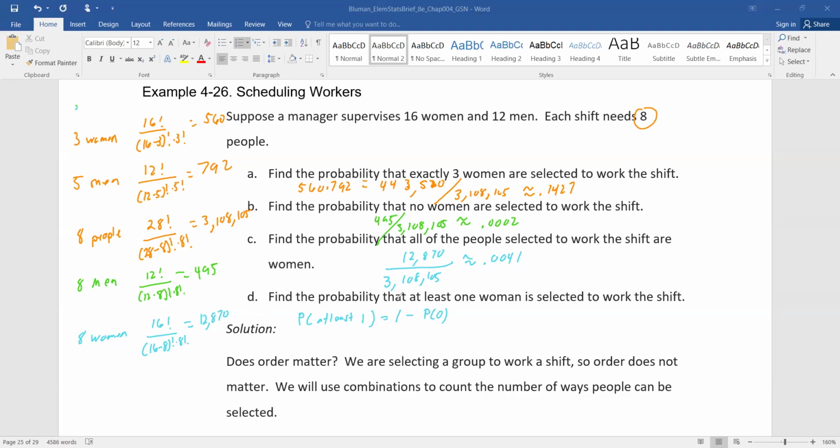So if we want to know the probability of at least one woman, let's find the probability that none of them are women, which we've already done, which is the 0.0002 there. So I'm just going to do 1 minus the 0.0002, and they actually come out to 0.9998. So there's a 99.98% chance that at least one woman is put on the shift.